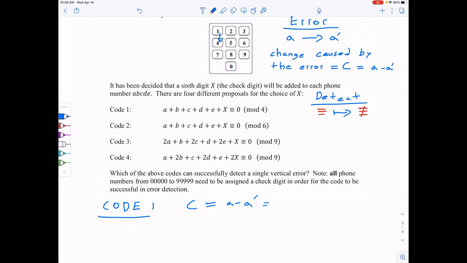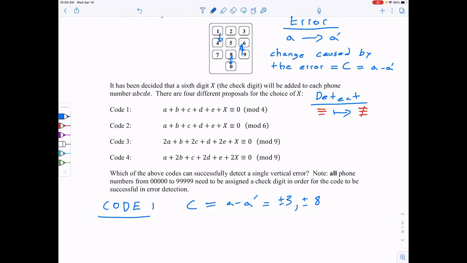It could go plus 3. But it could also go minus 3 if the 9 changed to the 6. So plus or minus 3. And then I suppose with 8, it could go up or down there as well. So you could get plus or minus 8. And for a successful detection, we would like mod 4 to be able to notice that difference.